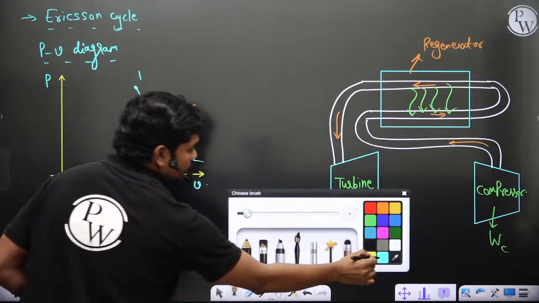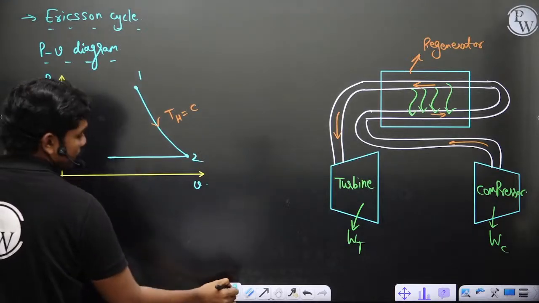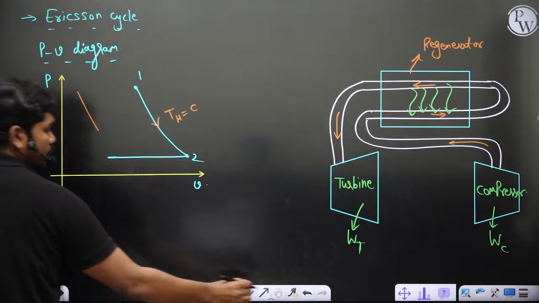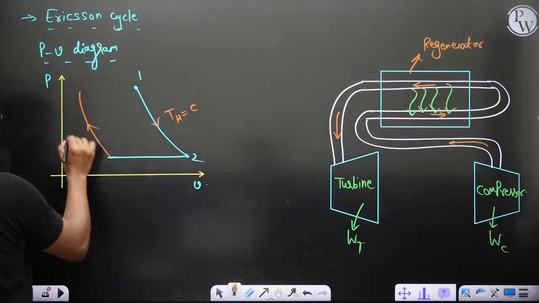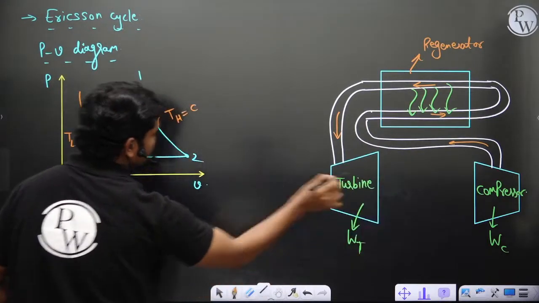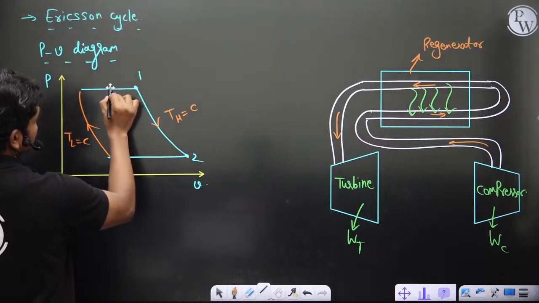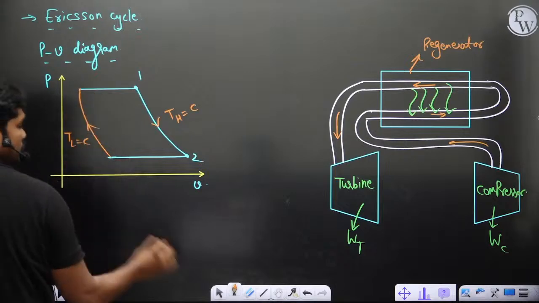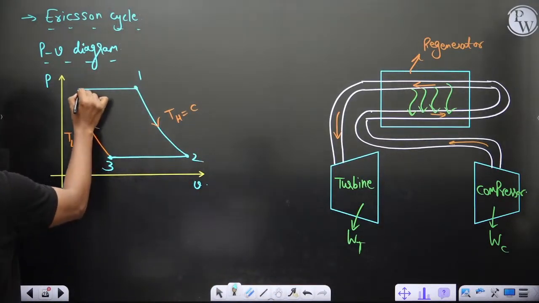Now clearly there is a constant pressure compression which takes place like this, and then again you have heat rejection at this point, and you have a constant pressure curve which closes this diagram like this. I'm not elaborating these things because in basic thermodynamics you might have seen, just drawing the plots 1, 2, 3 and also 4.